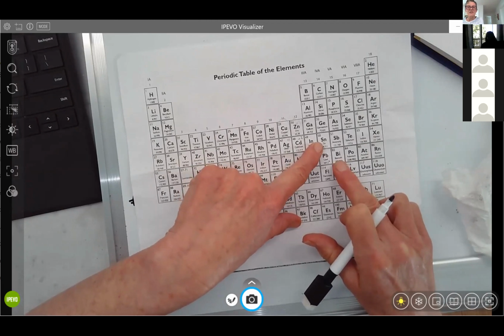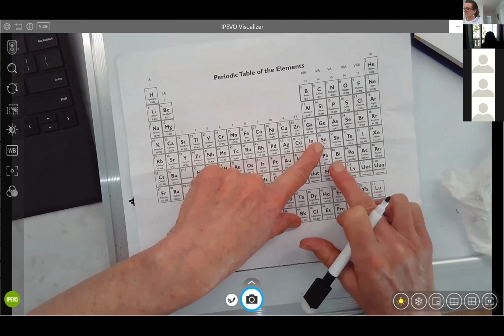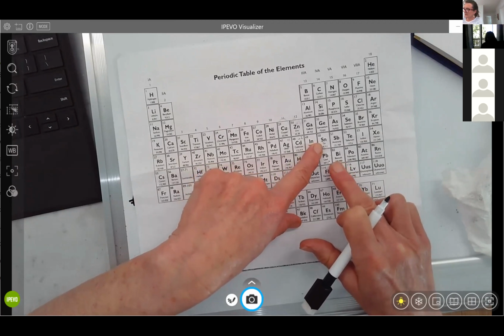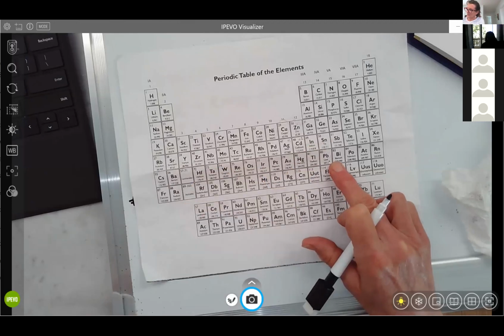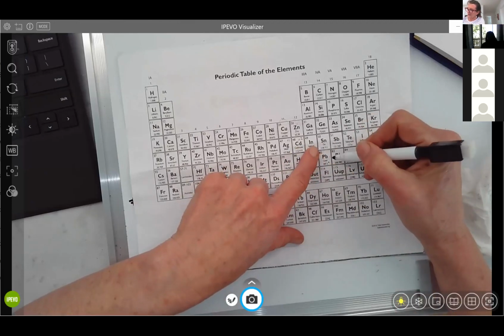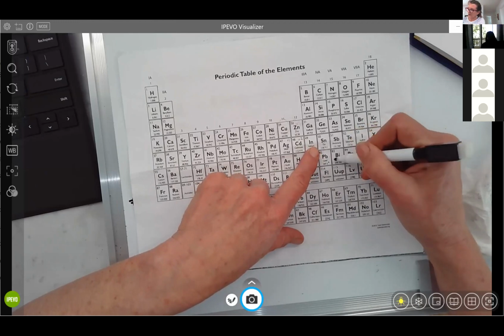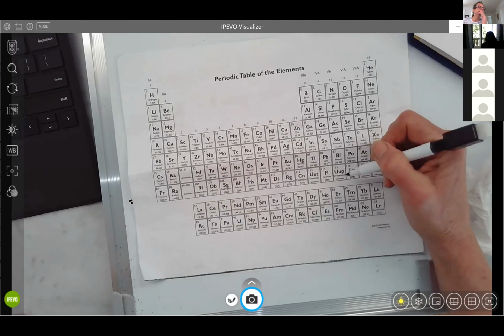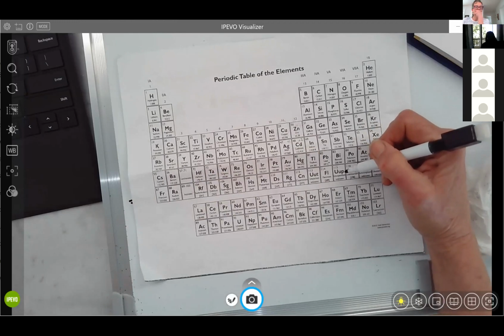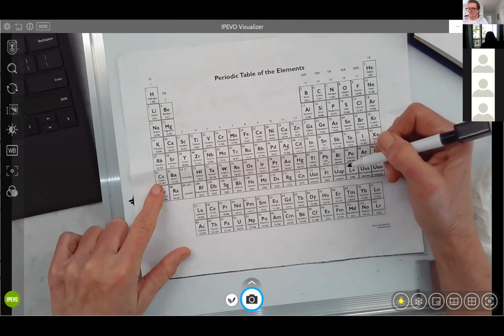Well, then why would it give that other question, Sn to Bi, which one is bigger? As you go to the right, they become smaller. As you come down, they become smaller. No, as you go down, it gets bigger. So we've got two conflicting trends. That kind of hung me up.